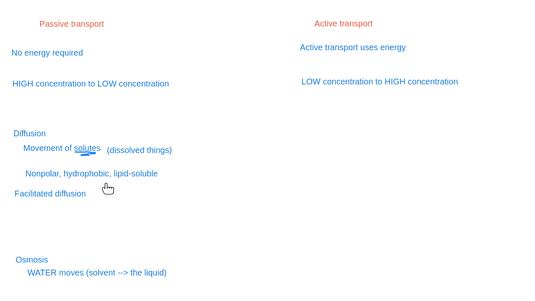Now, if I am not these things, like we see right here, I'm going to have to do facilitated diffusion. When I do facilitated diffusion, remind me again, what's special about facilitated diffusion compared to regular diffusion?